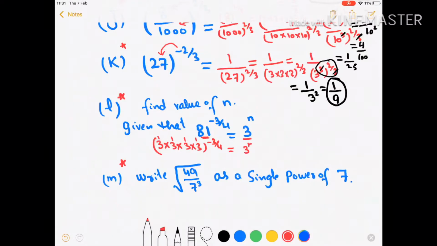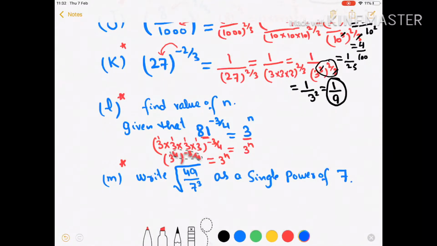Then by using rule number 1, when you multiply the same thing, you add the powers. So 3 to the power 4, and another power is minus 3 over 4. Then rule number 3, raising one power to another: one power is 4, another power is minus 3 by 4, and we have to multiply them.